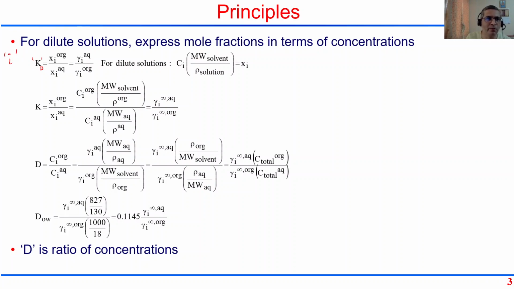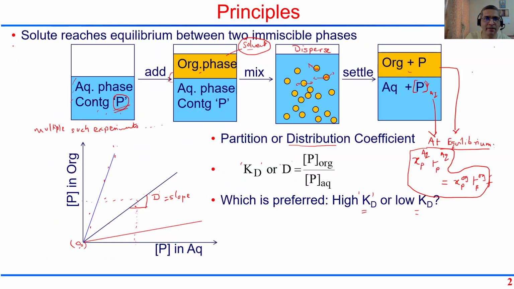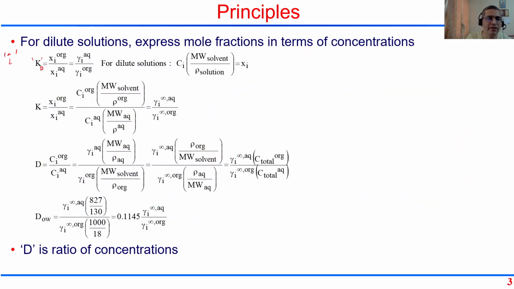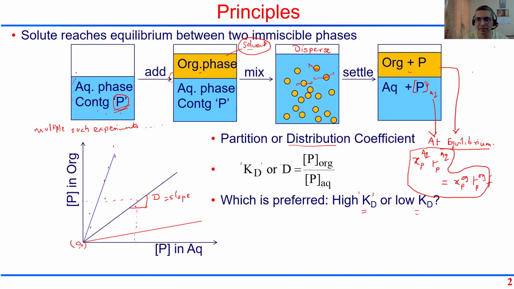Maybe we have more than one component being generated in the aqueous phase, so we might want to look at different components getting extracted. So for any component I, xi in the organic phase divided by xi in the aqueous phase would be equal to gamma I in the aqueous phase divided by gamma I in the organic phase. That's coming from here. Just take this ratio, right?